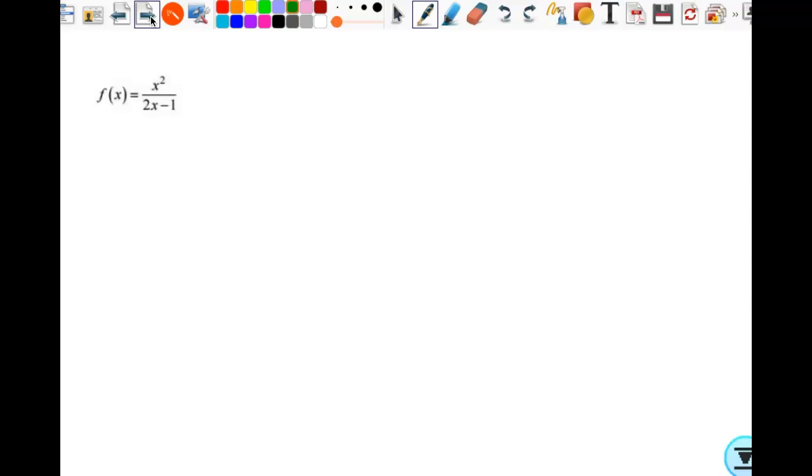All right, so what's the first thing we have to do here? Find the derivative. It's quotient rule. Don't mess up quotient rule.